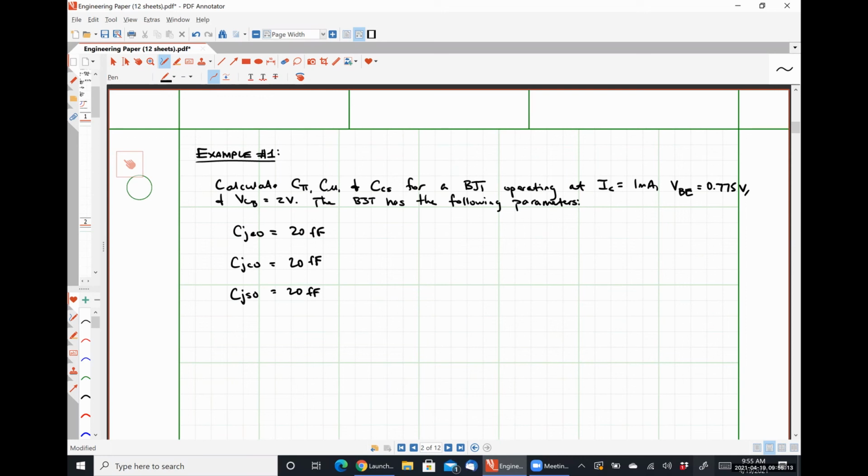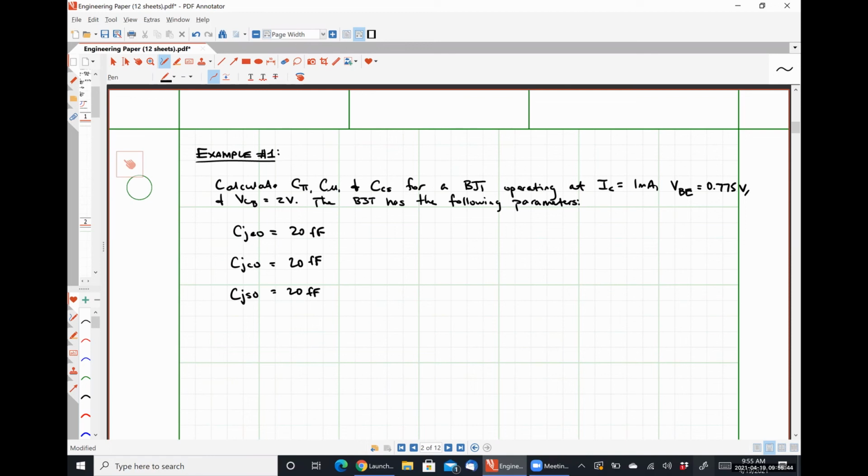happen, right? The reason why this would never actually happen is because the dopant concentration levels are different for each of those junctions, right? So the emitter is the most highly doped region, and the base is the second most highly doped region, which means those parallel plates would be closer together. And so we would typically see that CJE naught is going to be the largest value.